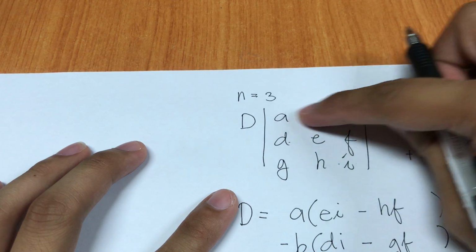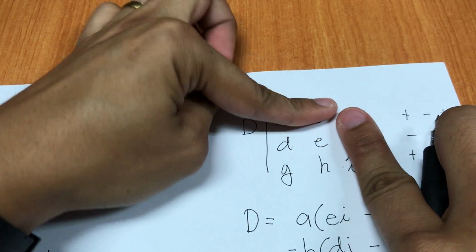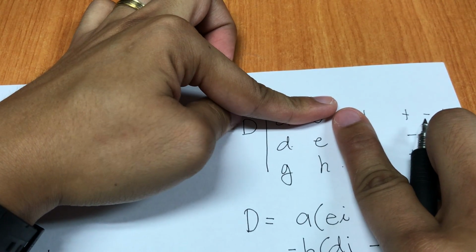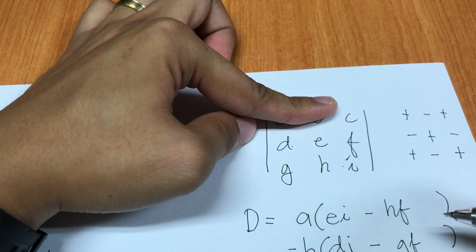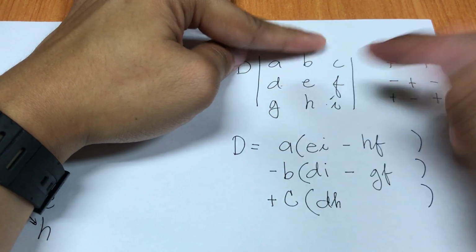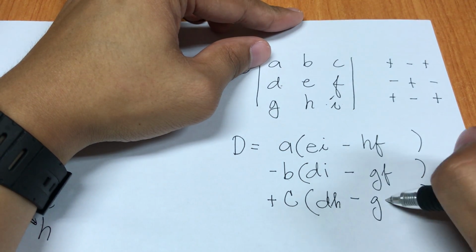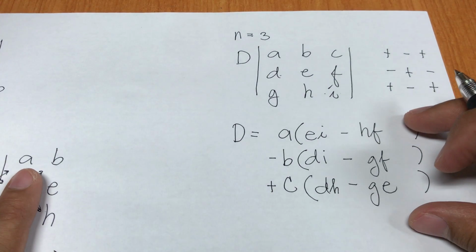So, ang 2 by 2 matrix nga nabilin is DE, GH. D times H minus G times C. Yan na. Okay? So, mao na siya ang determinant.